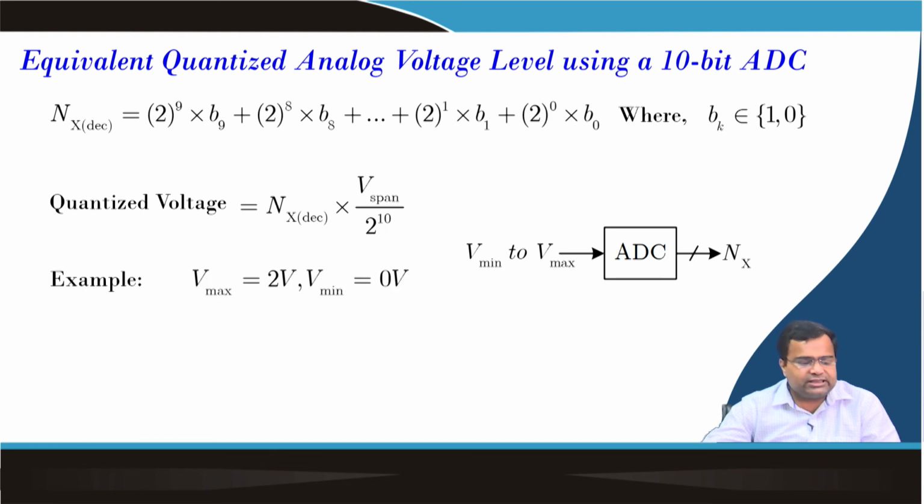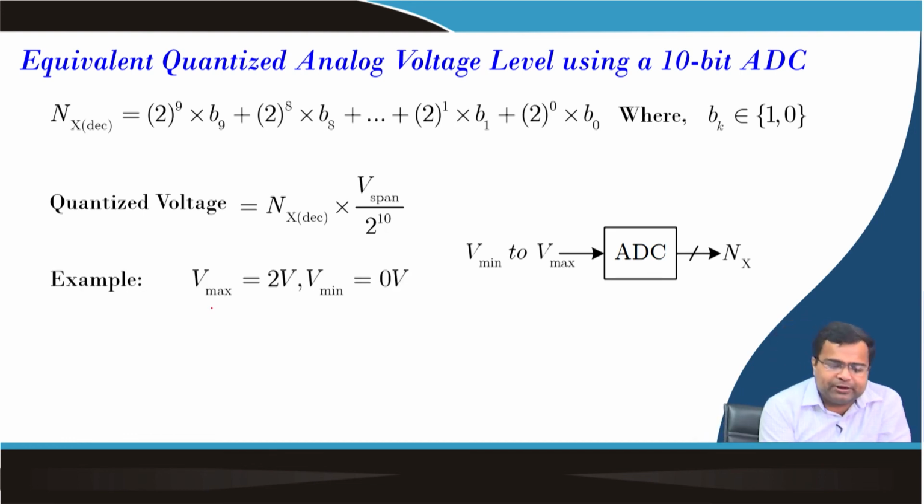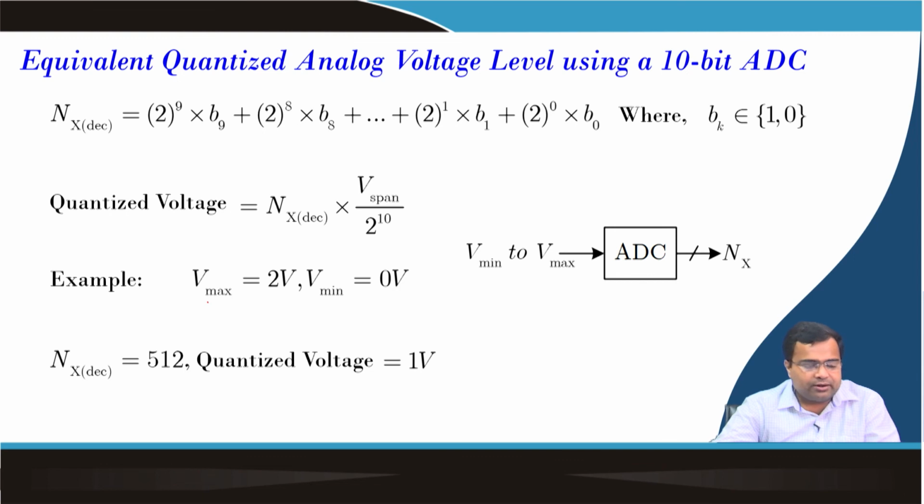For example, if the maximum voltage of an ADC is 2 volt and the minimum is 0, it is a single ended, unipolar input voltage. So, what will be the quantized voltage level for a number 512, suppose it is a 10 bit ADC? 2 to the power 10 is how much? 1024.